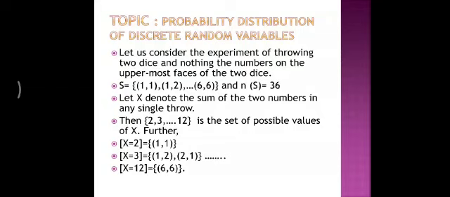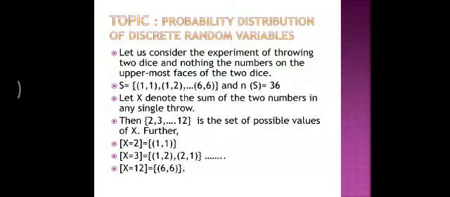Like this we get all additions from 2 up to 12. All numbers will be 2, 3, 4, 5, up to 12, and that set is the set of possible values of X.